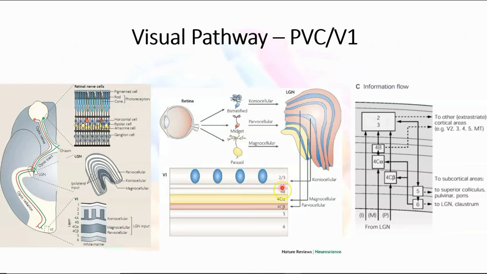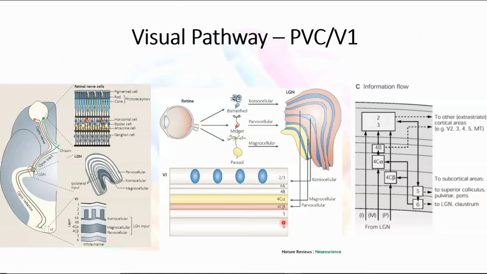Within V1, there are special connections to process the input signals received from the LGN. Lund reported that V1 consists of resident cells called spiny stellate cells, smooth stellate cells, and pyramidal cells that are involved in internal input and output processing.